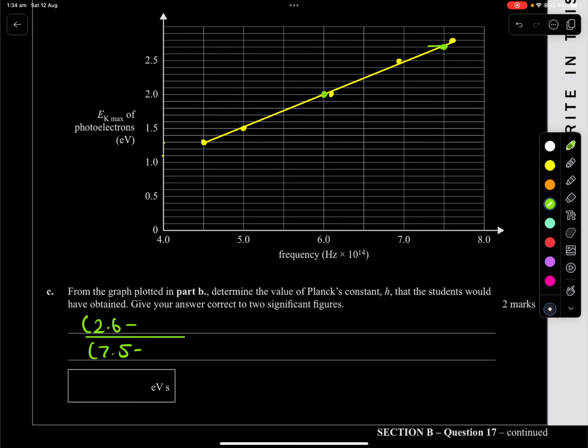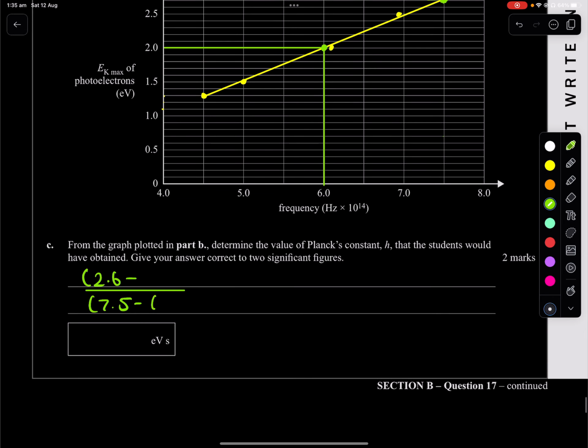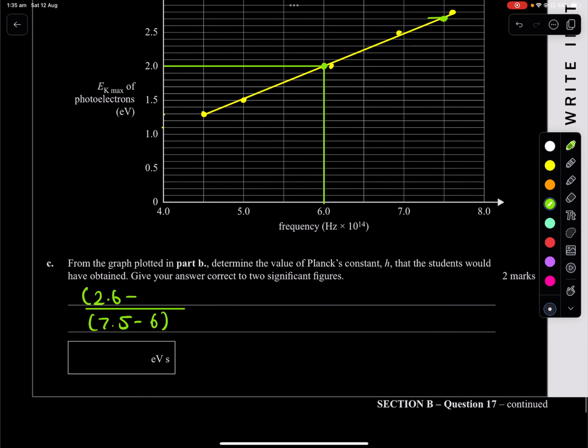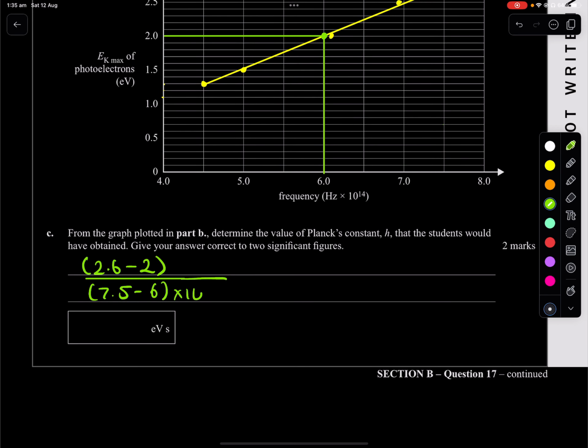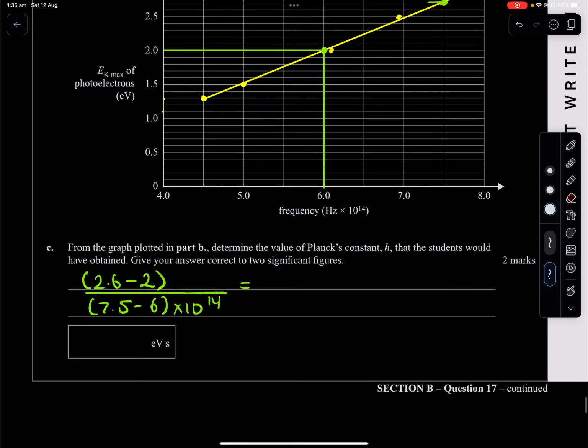The other value is this over here, 6, and right over there. So 6, the other value is 2. And remember, times 10 to the negative 14. That's equal to, let's rub that out.